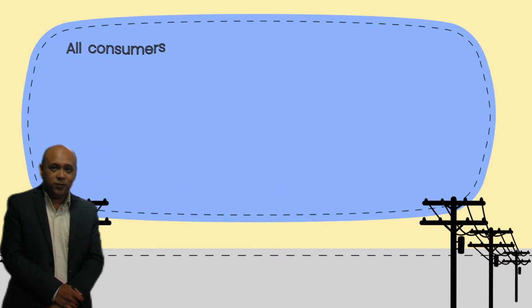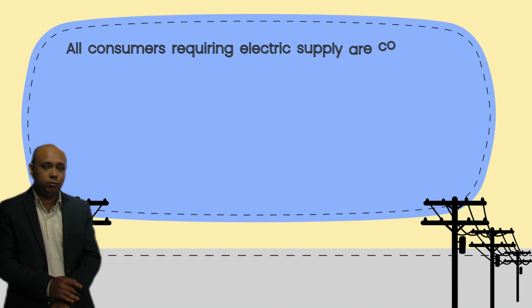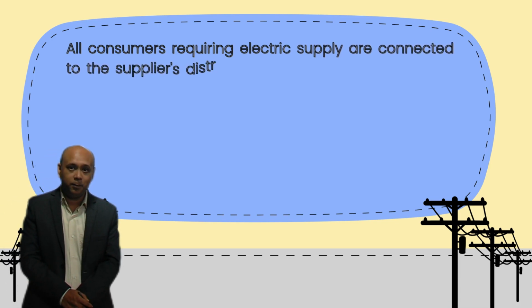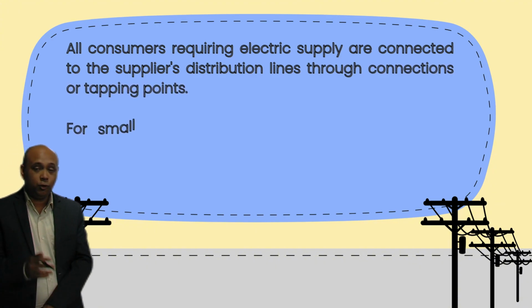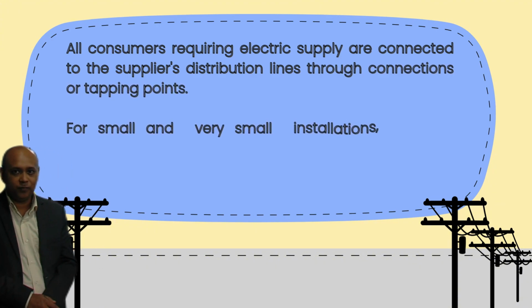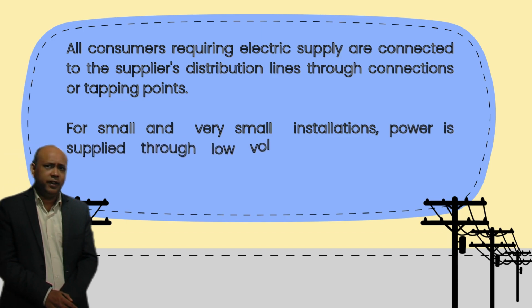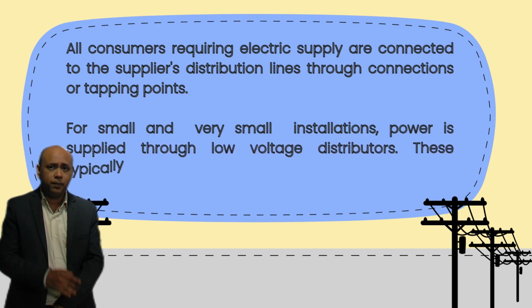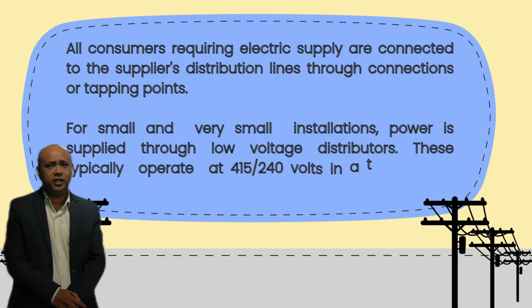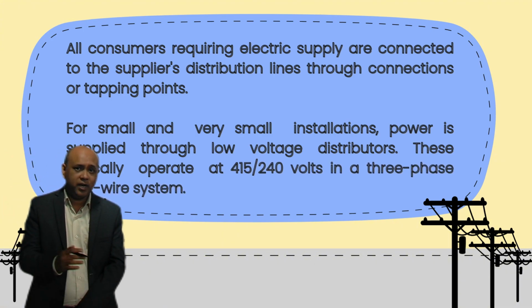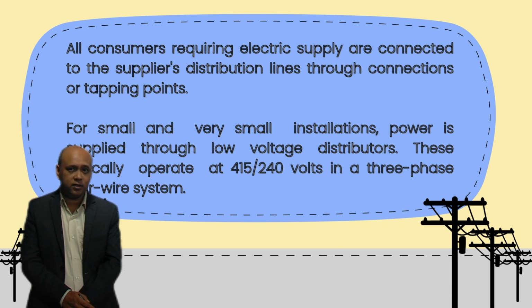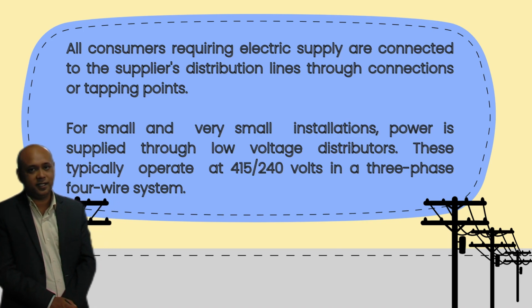So, by now, we have learned that all consumers requiring electric supply are connected to the supplier's distribution line through connections or tapping points. For small and very small installations, power is supplied through low voltage distributors. These typically operate at 415 by 240 volts in a 3-phase 4-wire system.